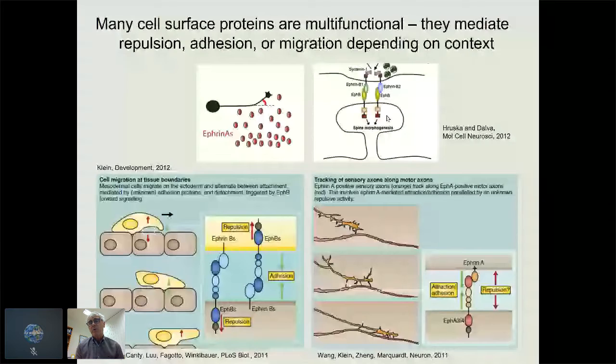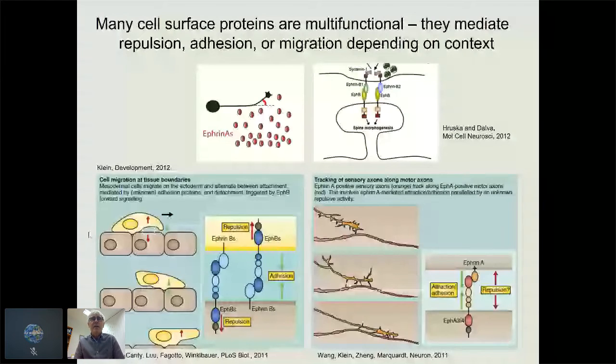This is very much work from Matthew Dalva and a few other people. So it's quite clear that Ephs and ephrins can do both repulsion as well as attraction. Then I've also added a couple of examples on the bottom of the slide.